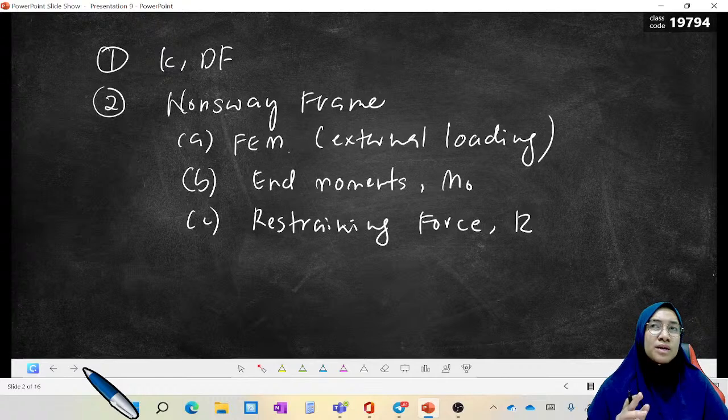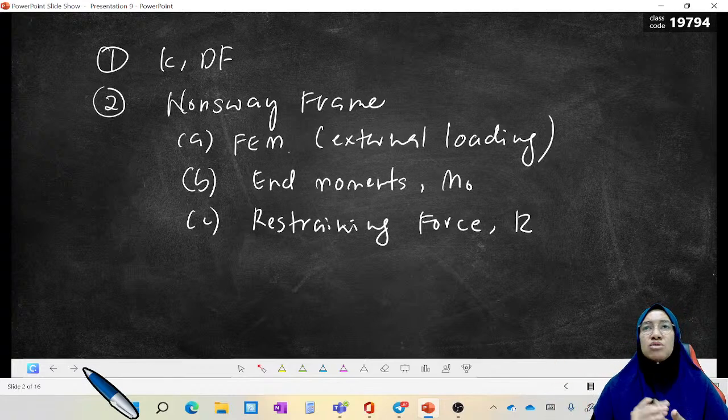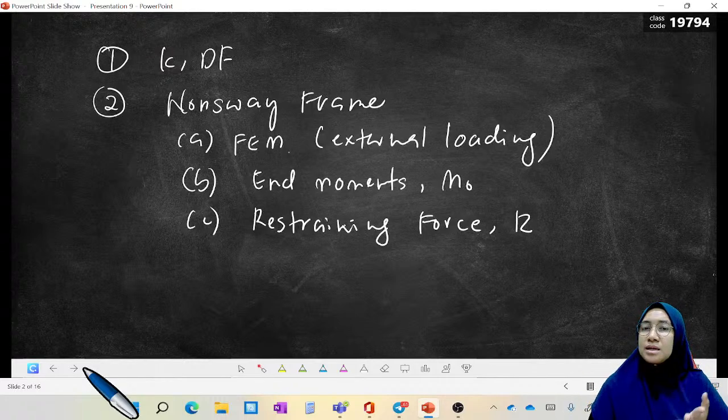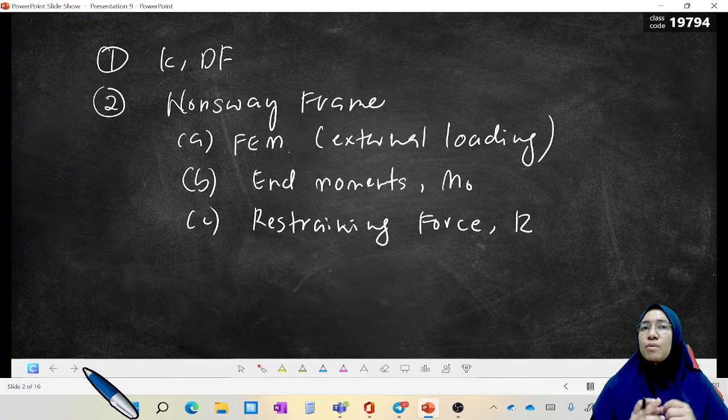K is equivalent to 3EI over L for a far end pin or roller, and K is equivalent to 4EI over L for a far end fixed or internal support or rigid joint. That is the formula for K.